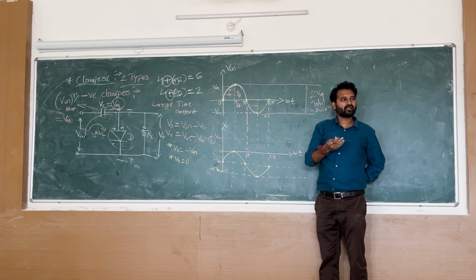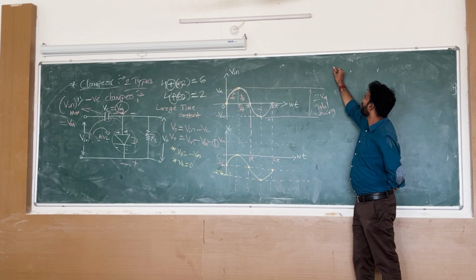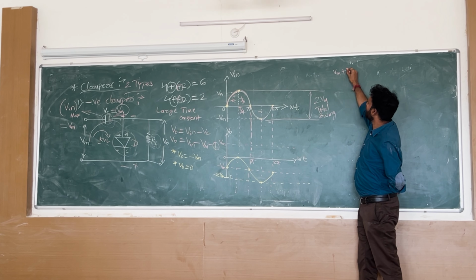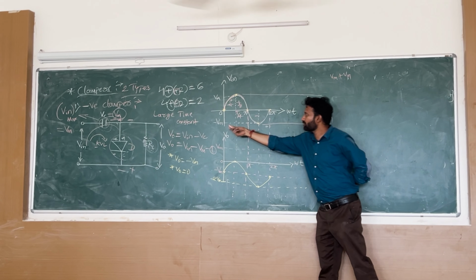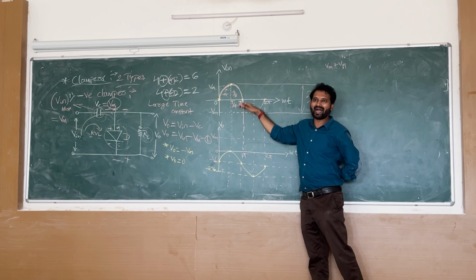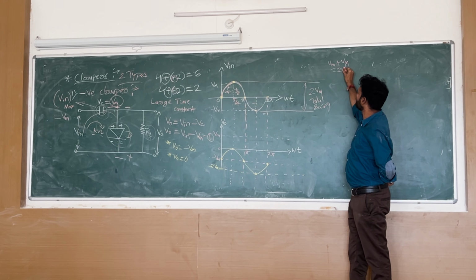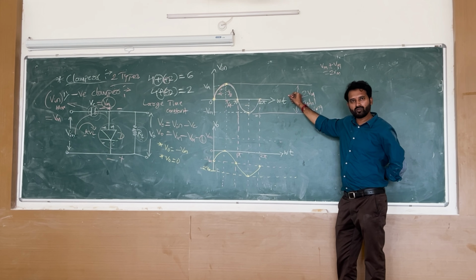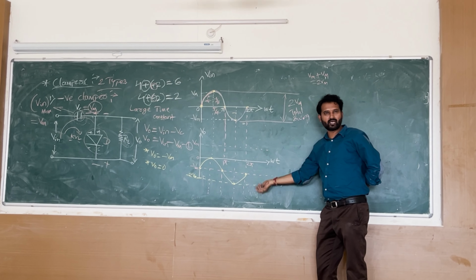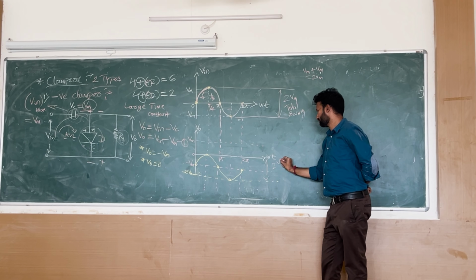When you are measuring a peak to peak voltage, we will add both the voltages. We won't consider the polarity. We will add both the positive and negative. That is nothing but 2 Vm. So here we have a 2 Vm total swing. Here also we have a 2 Vm total swing.